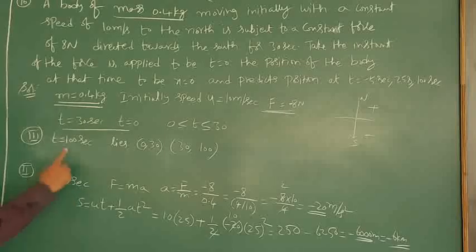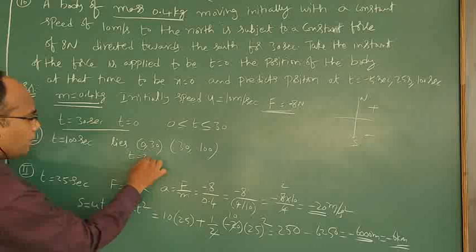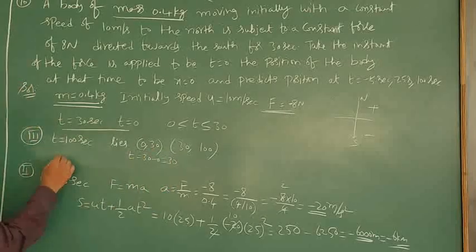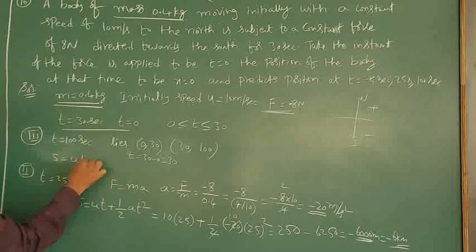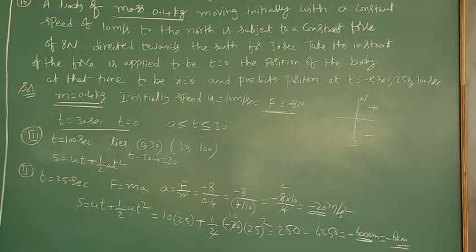So what is the value we are writing for 30? Time 30 minus 0 is equal to 30. So what is the formula we should write? s is equal to ut plus half at square.